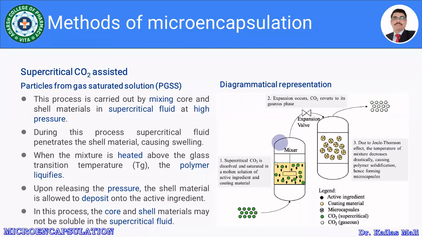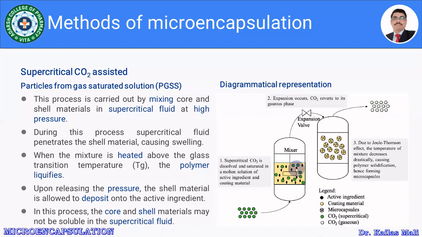Here the mixer is used to mix the polymer, the active medicament and the supercritical carbon dioxide. So supercritical carbon dioxide is dissolved and saturated in the molten solution of active ingredient and the coating material, isn't it? This process is carried out by mixing the core and shell material in the supercritical fluid at a high pressure.